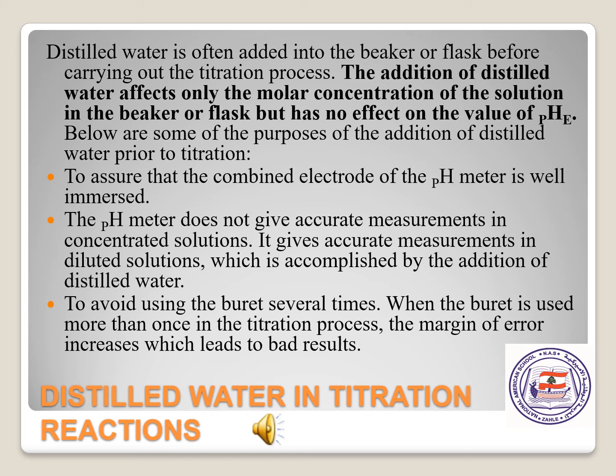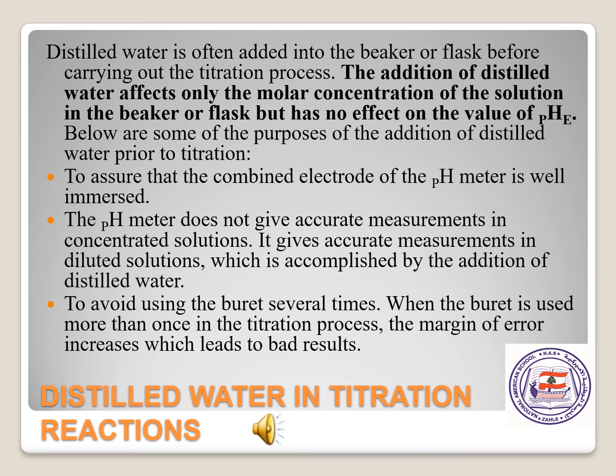The distilled water will fulfill the purpose of the dilution process, because when you add distilled water, like I mentioned before, you increase the volume. By increasing the volume, the molar concentration decreases. Therefore, the pH meter will give me accurate measurements when the solution in the beaker is diluted.